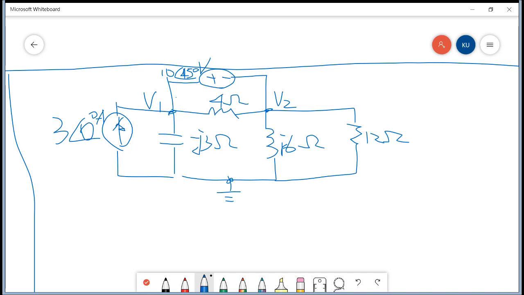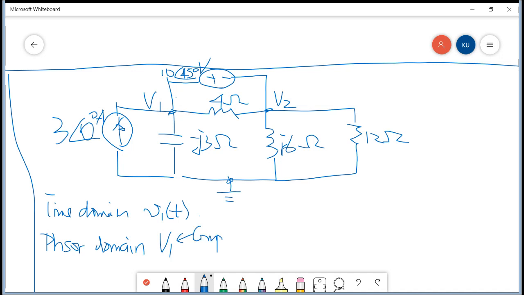So usually in the time domain, we'll use the small letter, for example, V1(t) for the time domain. In the phasor domain, we'll write it in the capital letter. But it is only a complex number.